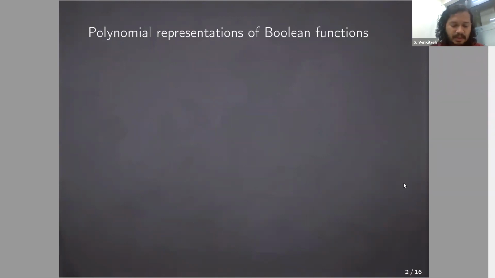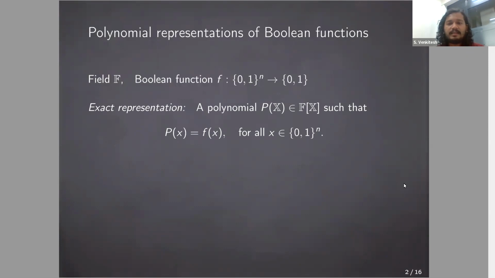So let's go on to the kind of problems that we're interested in. We are basically interested in representing Boolean functions using polynomials. And a very natural way to do this is, first of all, think of the function as being a function over a field. And then simply by interpolation, you get what is called an exact representation, right?